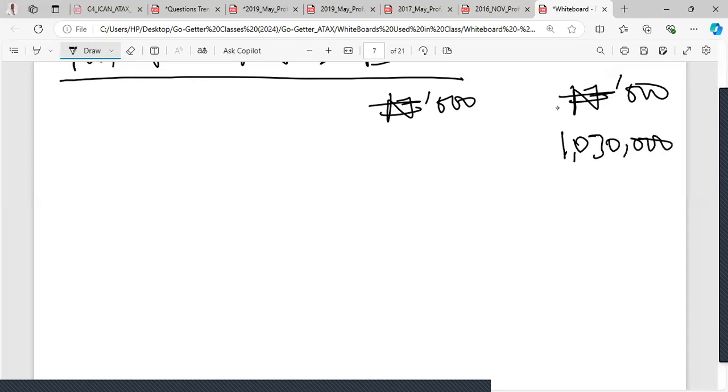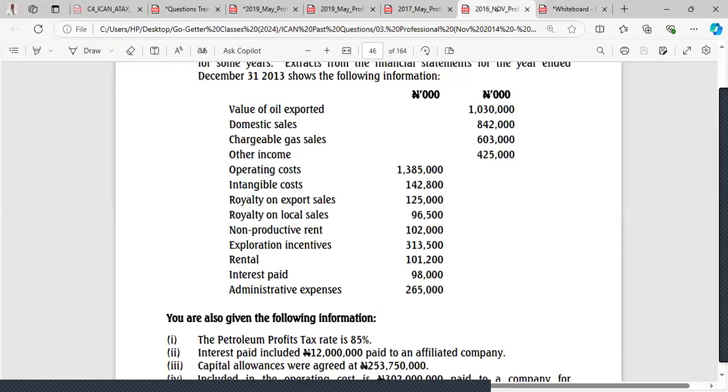So this is value of oil exported. And this is domestic sales, 842,000.